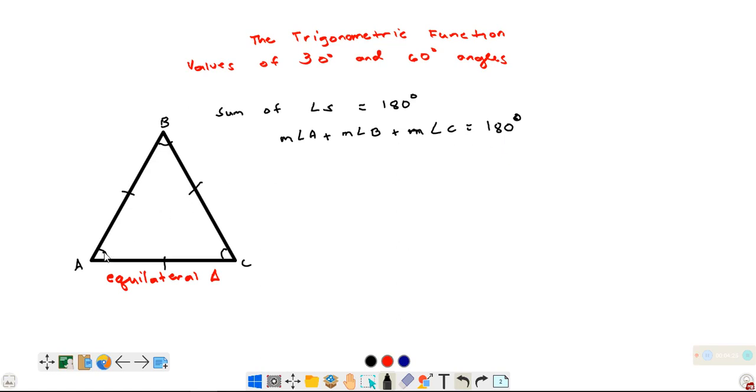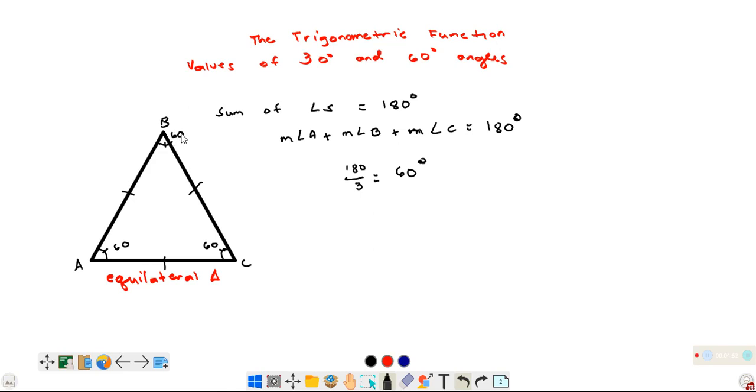Since pare-parehas ng measurement itong tatlo, all we have to do to find the measurement of each angle is to divide 180 by 3. So i-divide lang natin si 180 by 3. 180 divided by 3 is equal to 60 degrees. Kada isa sa kanila ay 60 ang measurement.